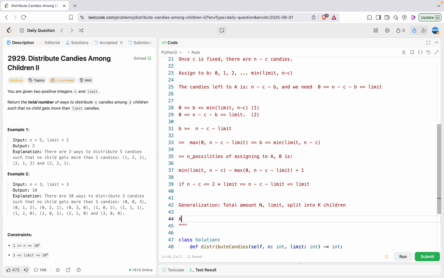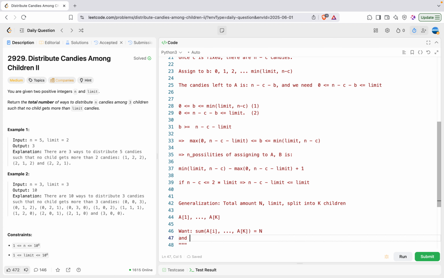What we want is A1 up to AK, such that the summation of AI equals n, and for each I between 1 and K, using one indexing as in the mathematical convention, AI is between 0 and limit.